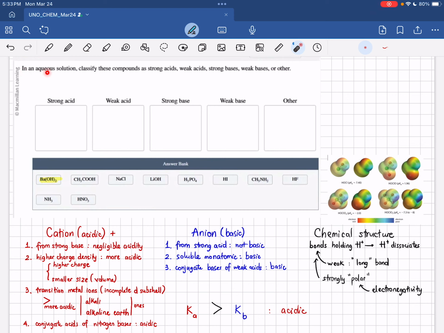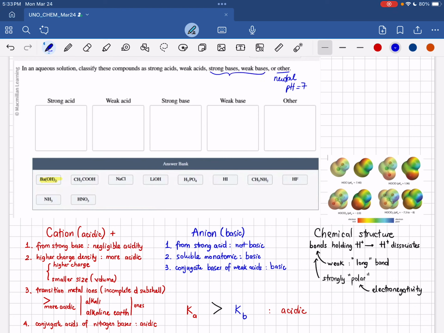In an aqueous solution, classify these compounds as strong acid, weak acid, strong base, weak base, or other. So what does it mean by other here? Other here should mean a neutral solution where the pH equals 7.